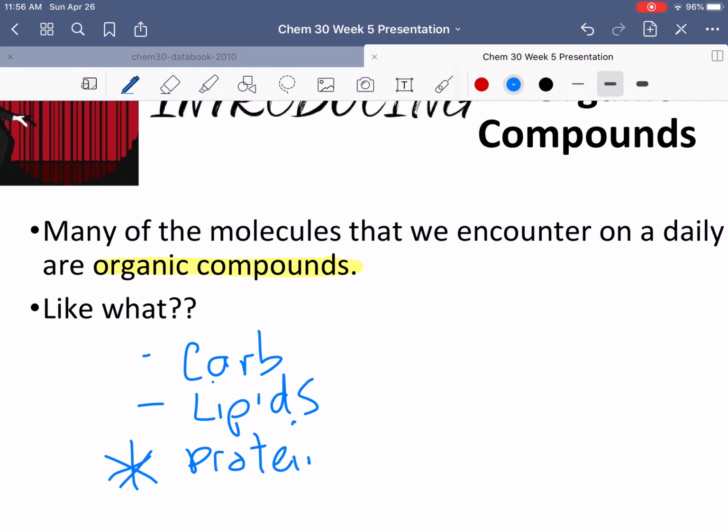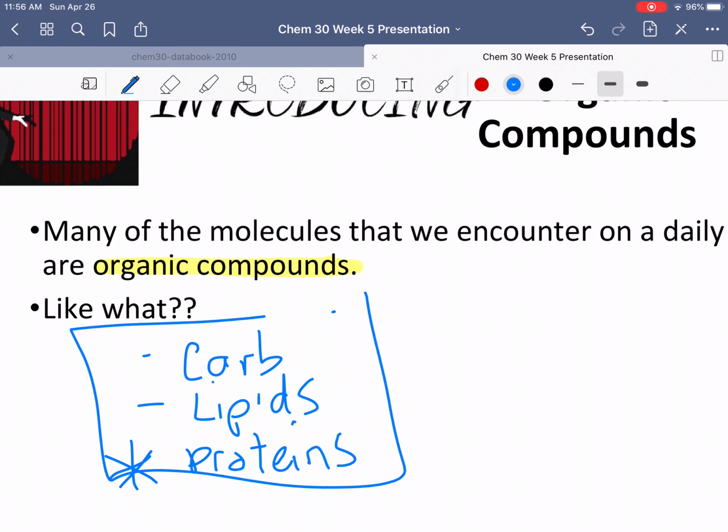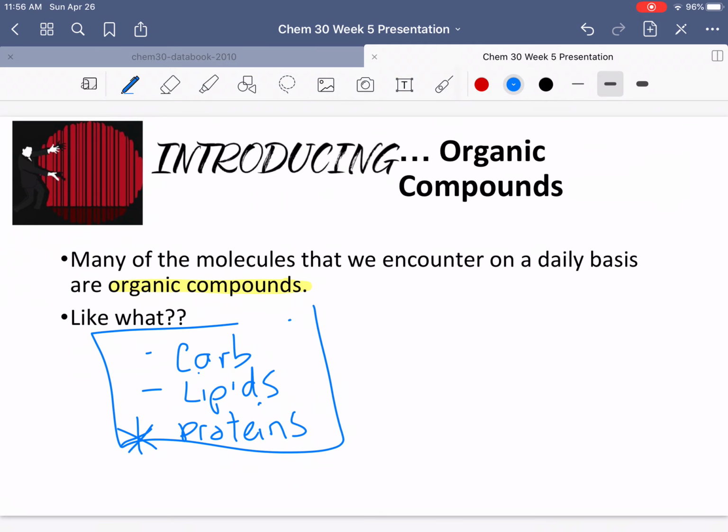All of these are organic compounds, and these are the building blocks of life on Earth. Your proteins in particular make up all the enzymes and all the different hormones. Ultimately, you would not exist if we didn't have organic chemistry. So understanding this as a branch of science is a pretty big deal in terms of knowing how life exists, how life works, and how we proceed from here.